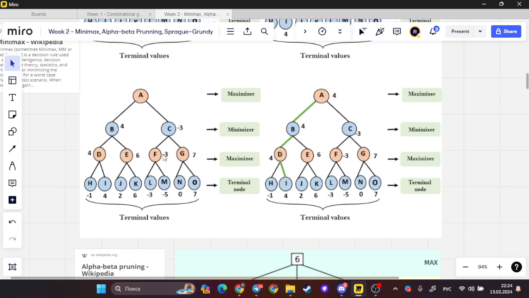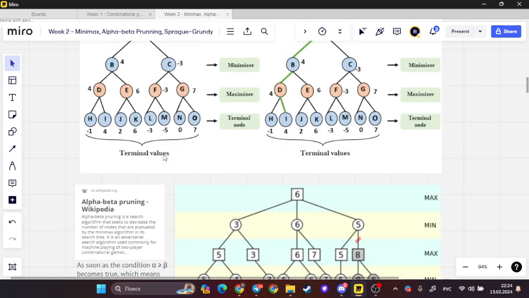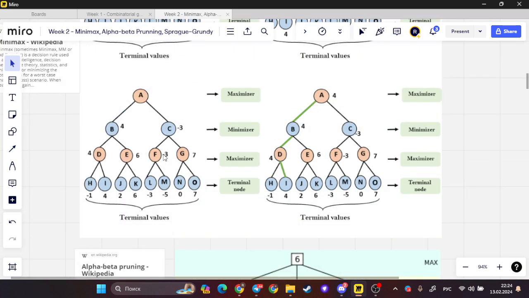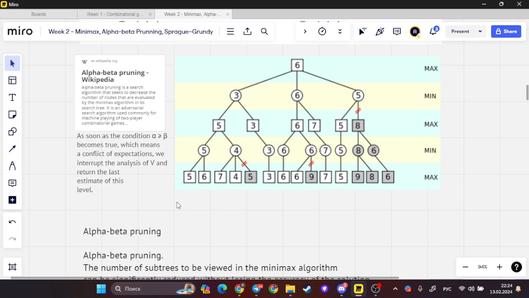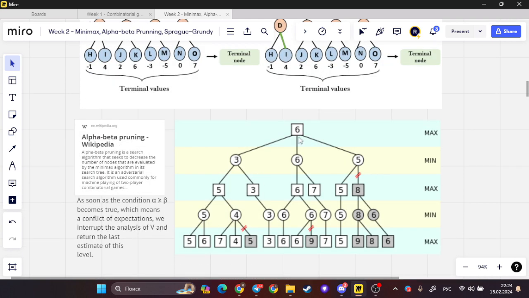That's not a good example because we can make pruning in this situation, but we can do it in this other situation. Okay, we reach, for example, 4. You can see that on the previous layer we have 5 as maximum.